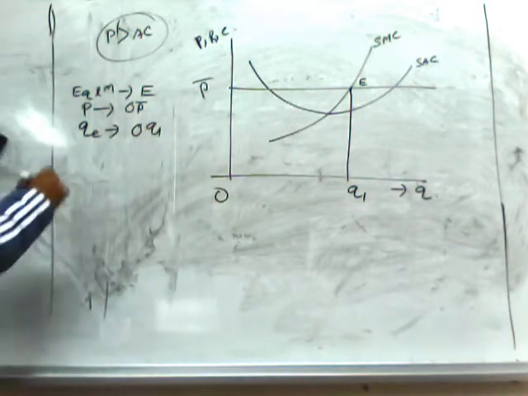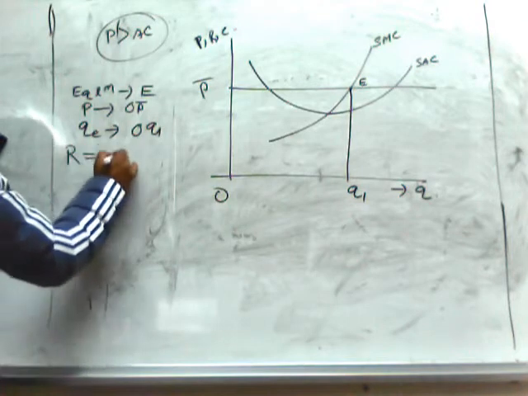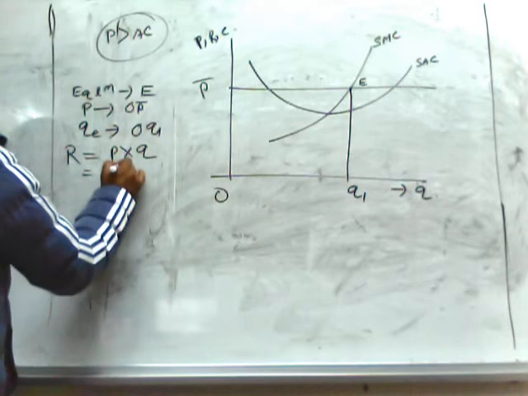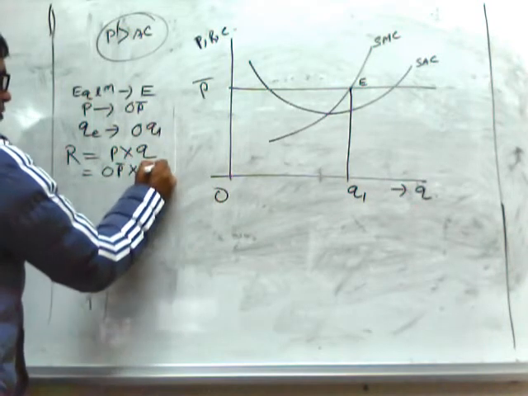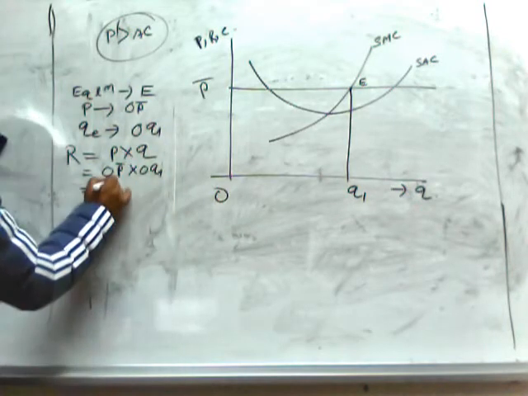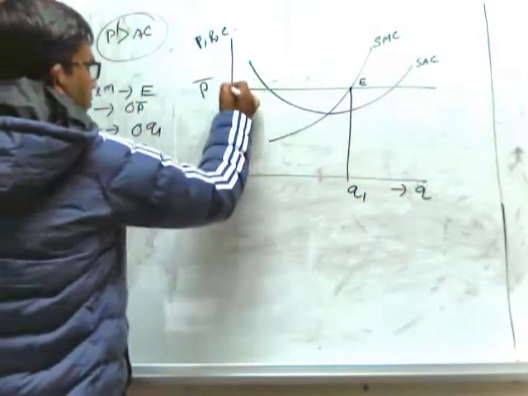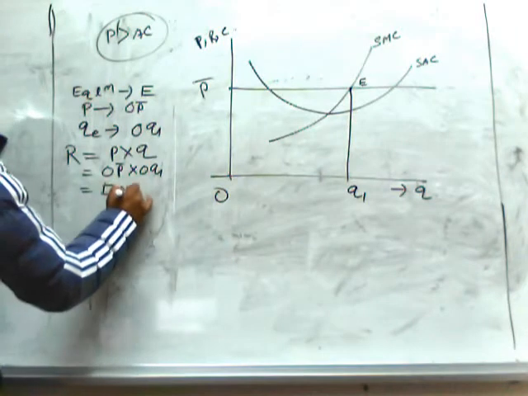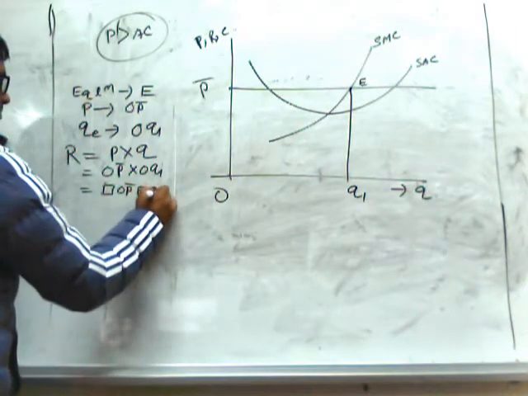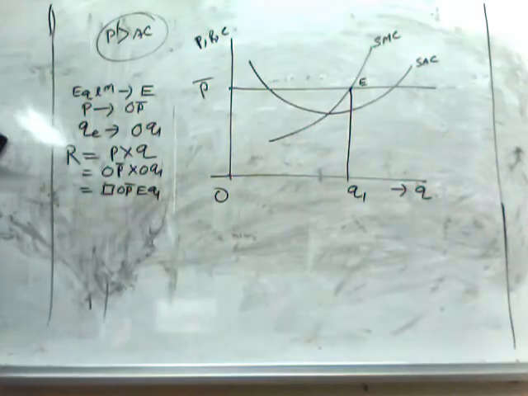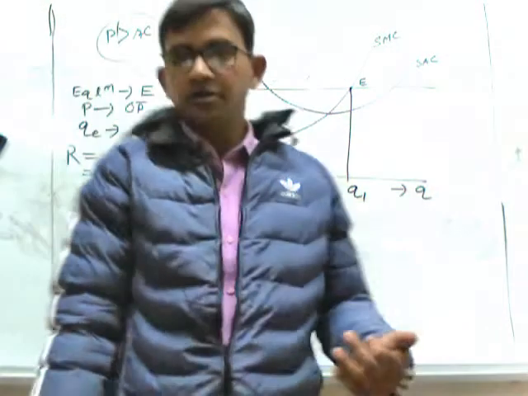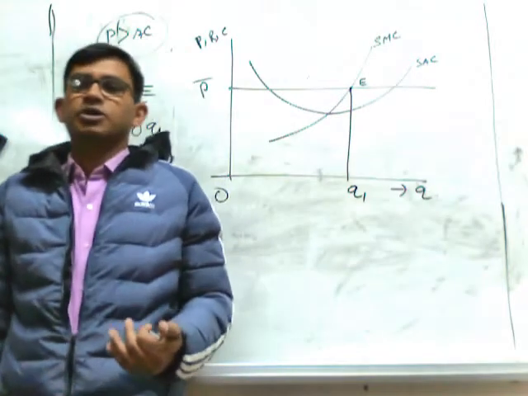So what will be the revenue? You know that revenue is the price multiplied by output. That means OP bar multiplied by OQ1, which is represented by the area of the rectangle OP bar EQ1. So here we get the revenue, but to determine the profit we need to know the cost also.